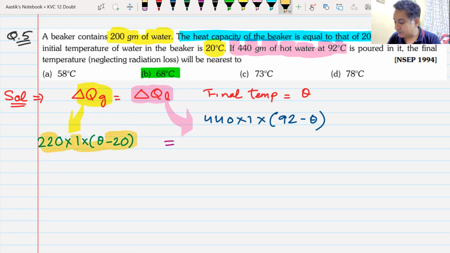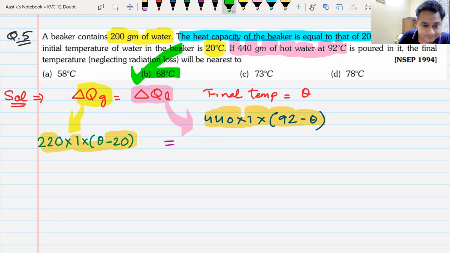After this, it is very simple to calculate the temperature theta, and the value of theta that I have with me is 68. So that is the answer. This is how you use the water equivalent. The 20 grams of water which was given for the beaker was the water equivalent of the beaker. I hope you understand this. Yes or no? Yes, sir.